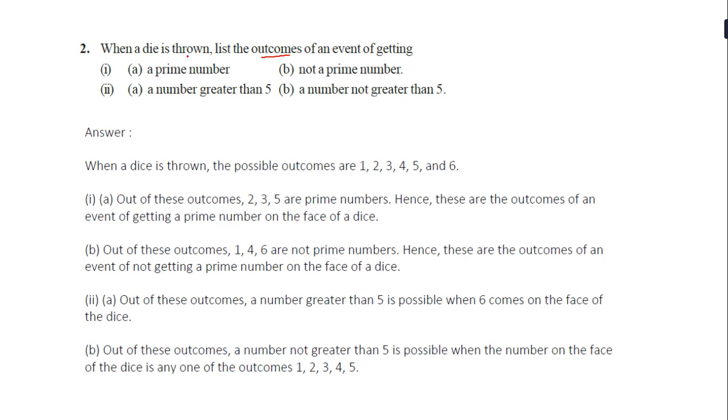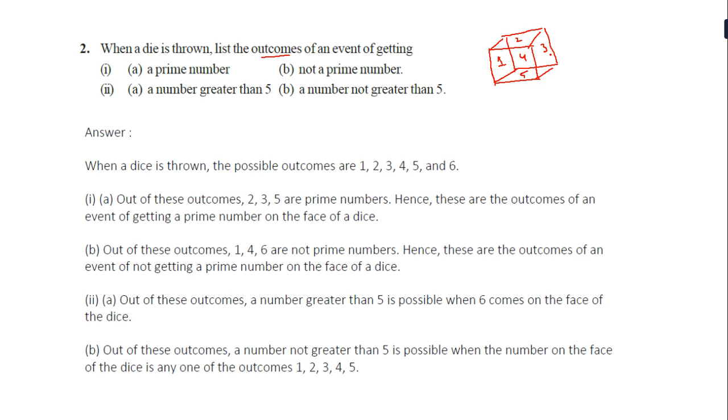Now, when a die is thrown, list the outcomes of the event of getting a prime number. We know that the dice is a type of cuboid, and we have to write 1, 2, 3, 4, 5 and 6, total 6 chances.